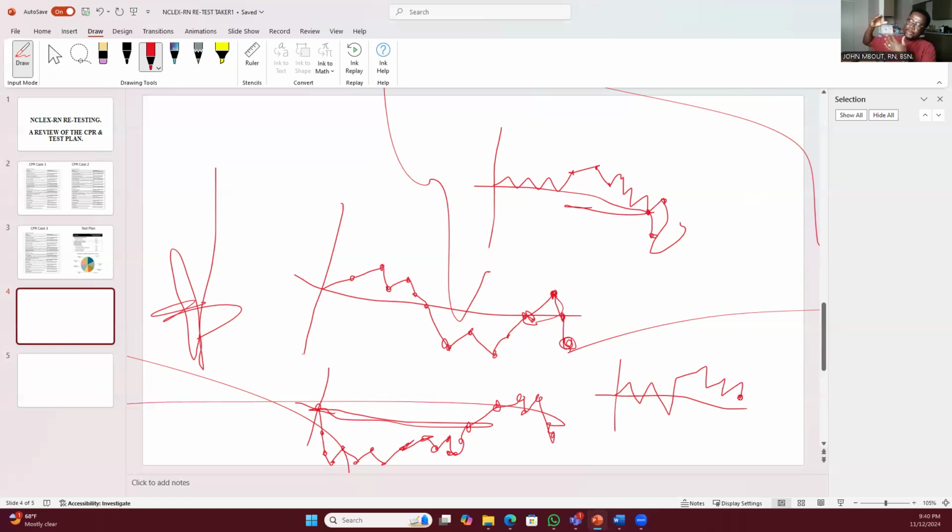Even if your graph was below, let's say, and then your last question is your last chance, and it takes you back to the passing standard line, you pass.